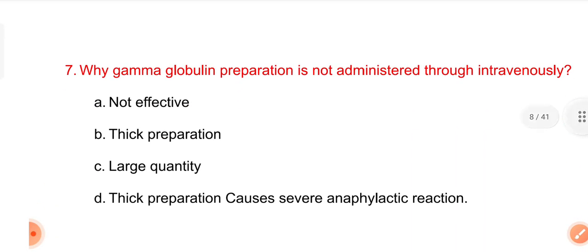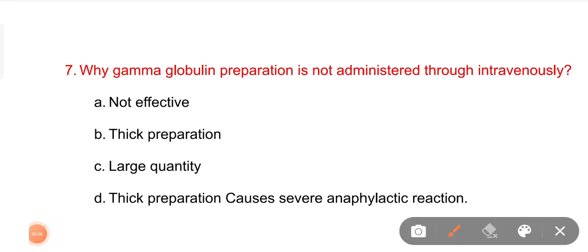The next question is: why is gamma globulin preparation not administered intravenously? Gamma globulin preparations are fluids or injections which are not administered intravenously. The options are option A it is not effective, option B it is a thick preparation, option C large quantity, option D thick preparation causes severe anaphylactic reaction.